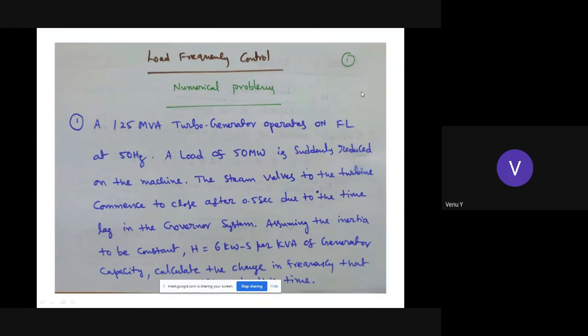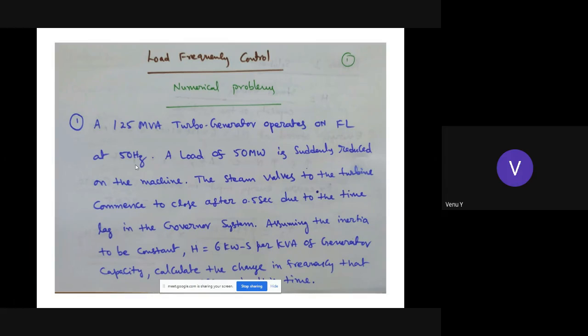Now let us understand numerical problems. In load frequency control, let us consider the first numerical problem. A 125 MVA turbo generator operates on full load, that is 125 MVA at 50 Hz.